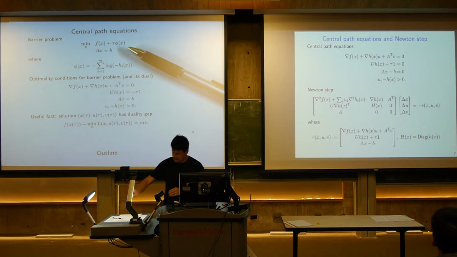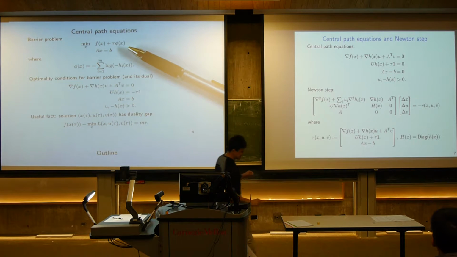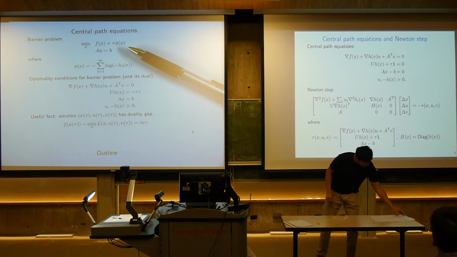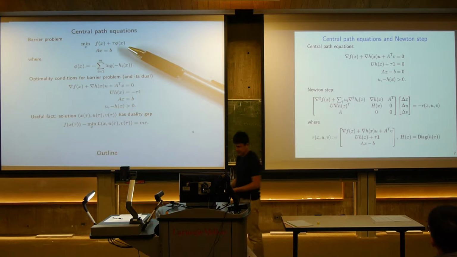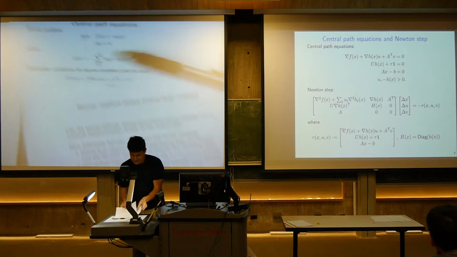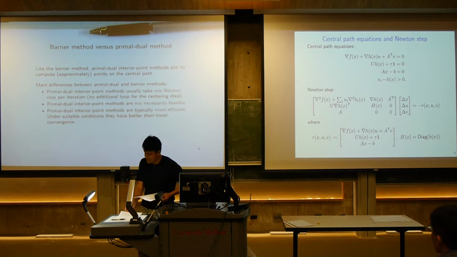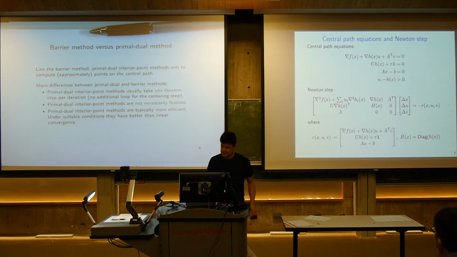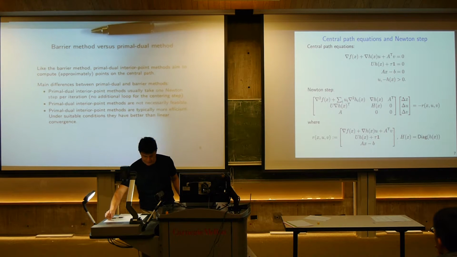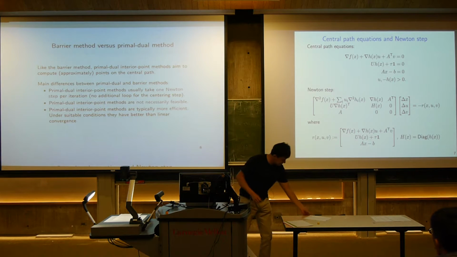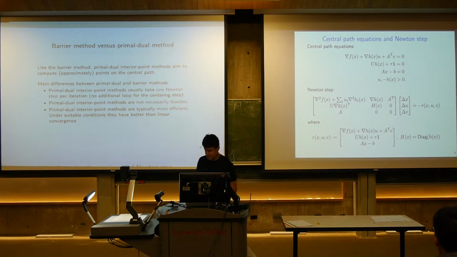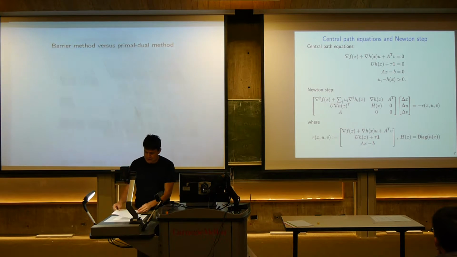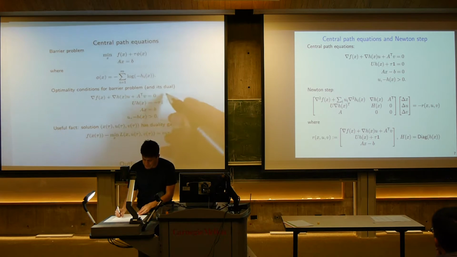So here, you see the description of the primal-dual method. Once again, the equations that you see there are just the same as the equations that we saw a moment ago.